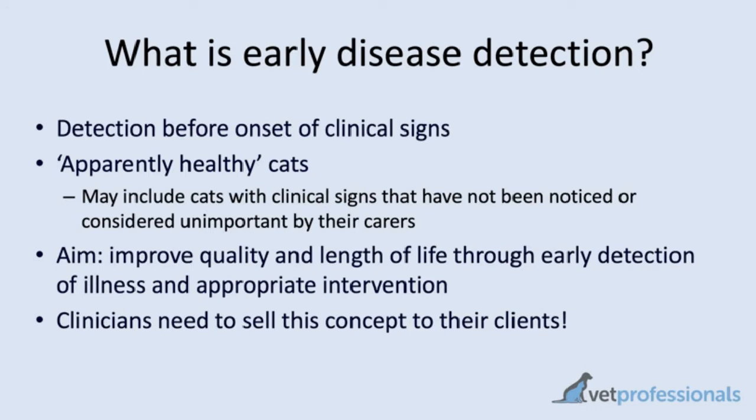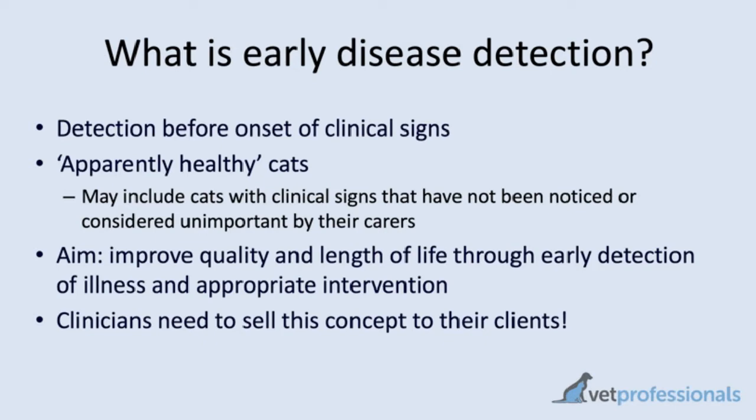Early disease detection is the other term that was in the title, and what I mean by this is detection of disease before onset of clinical signs. It does also include those situations though where when we take a history, we can see that there have been actually clinical signs evident at home. Perhaps this is a cat that the owner, on questioning, realises is perhaps drinking a little bit more or is moving with a more stiff gait.